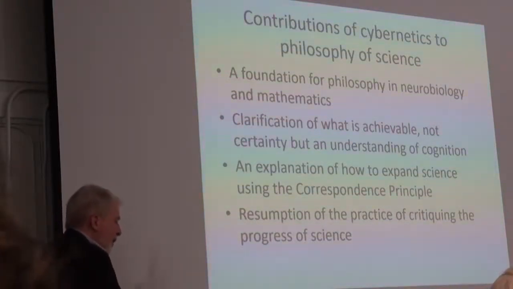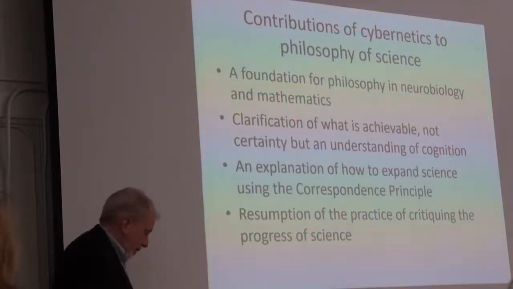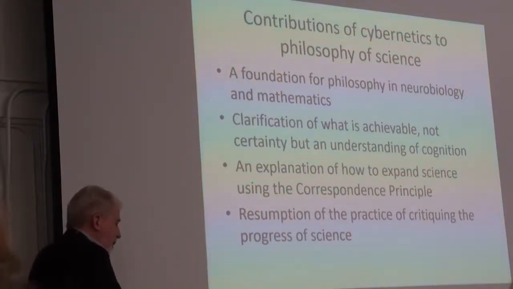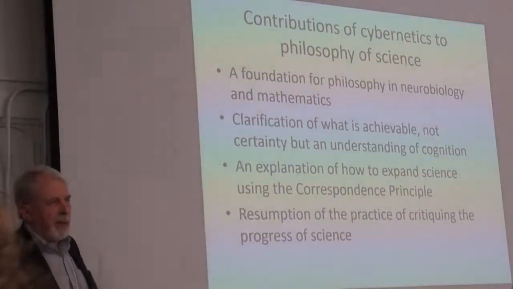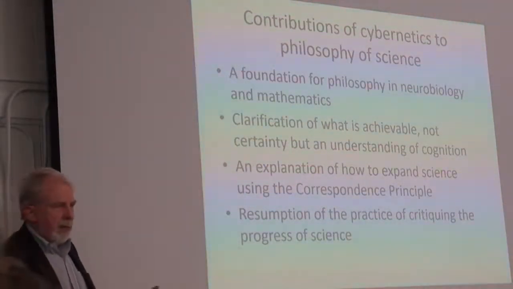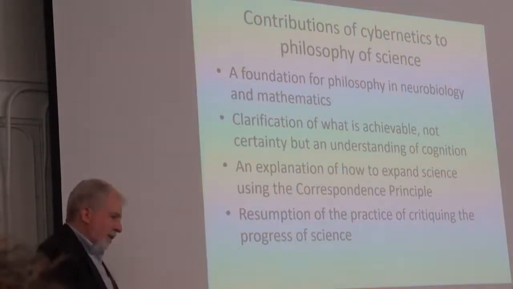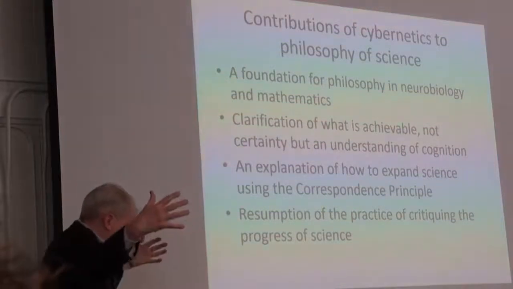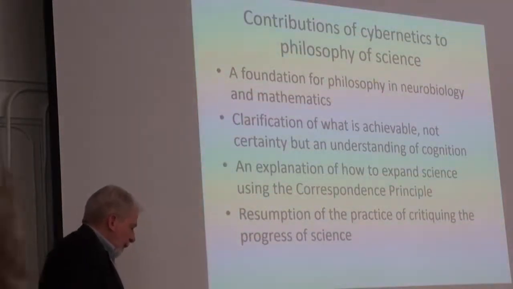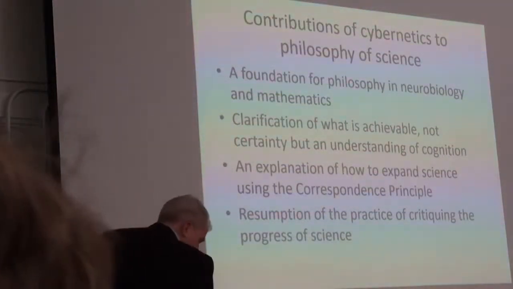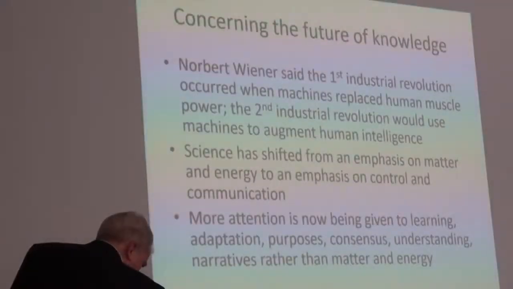You try to clarify what is achievable, not certainty, but an understanding of cognition. You provide an explanation of how to expand science using the correspondence principle, which comes from physics. I've written about this in a paper. It's a way of incrementally expanding science. And you resume the practice of critiquing the progress of science, which had been set aside.